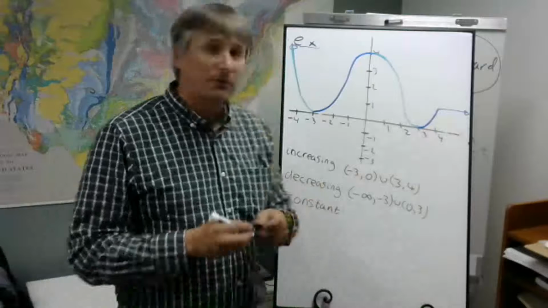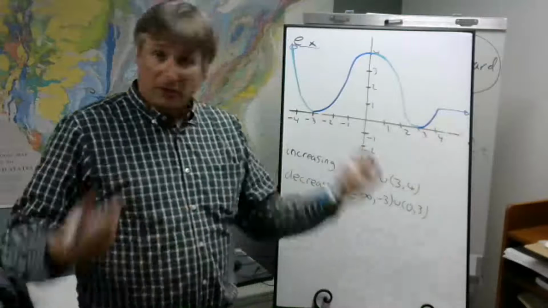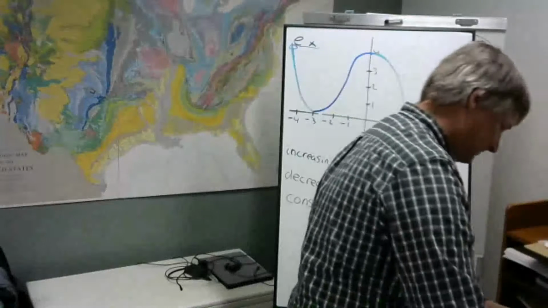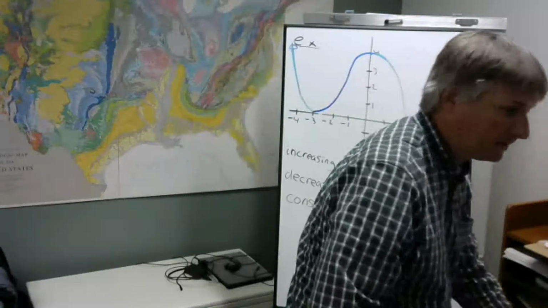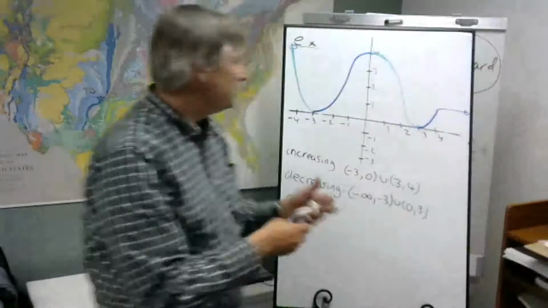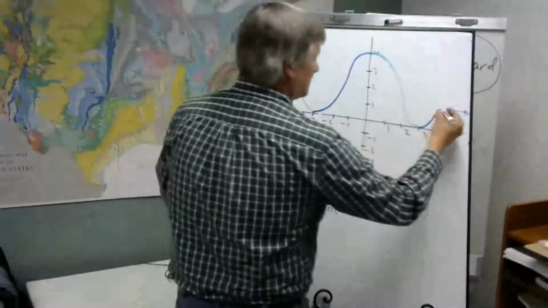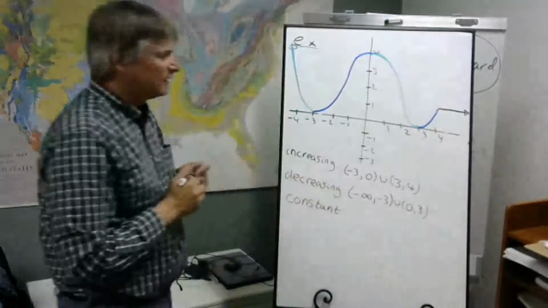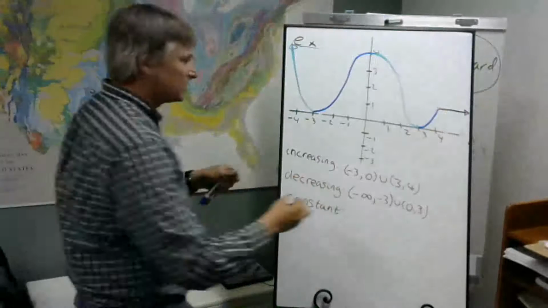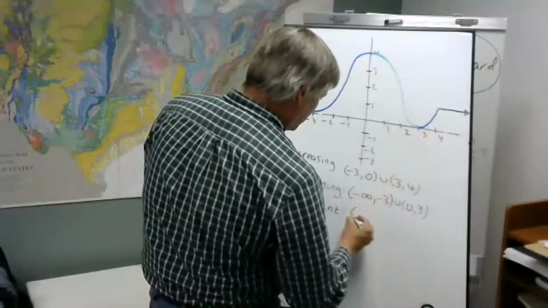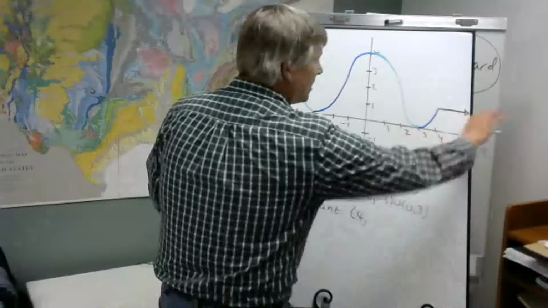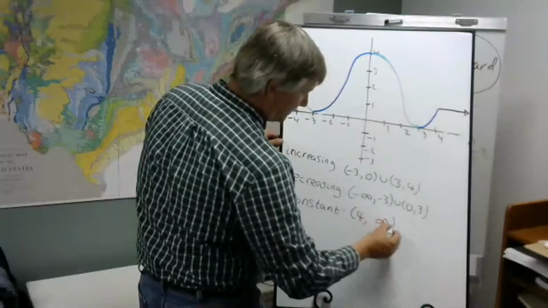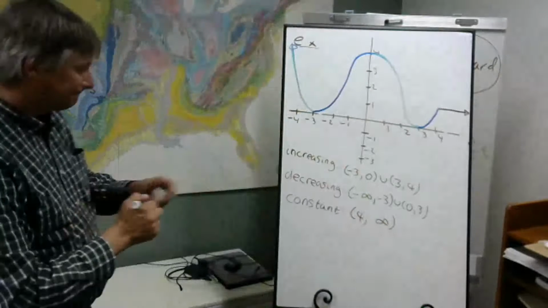For constant, we're looking for an open interval where the function's constant. Let me see if I have another pen in here. I don't think I do. So I'll have to do this. This will be constant. It appears that it's constant starting at 4, but it's going to be constant forever. So (4, infinity).